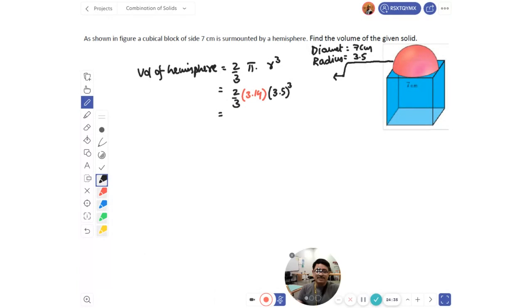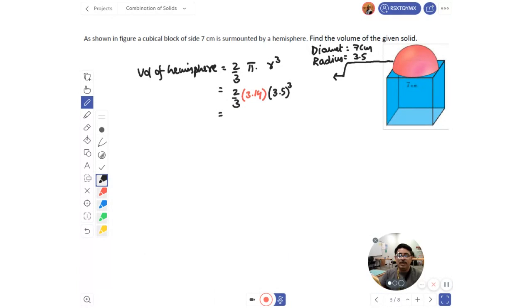I got 89.75. Actually it is 89.7516666667. So after the decimal you take only 2 digits. Therefore, this many cubic centimeters.